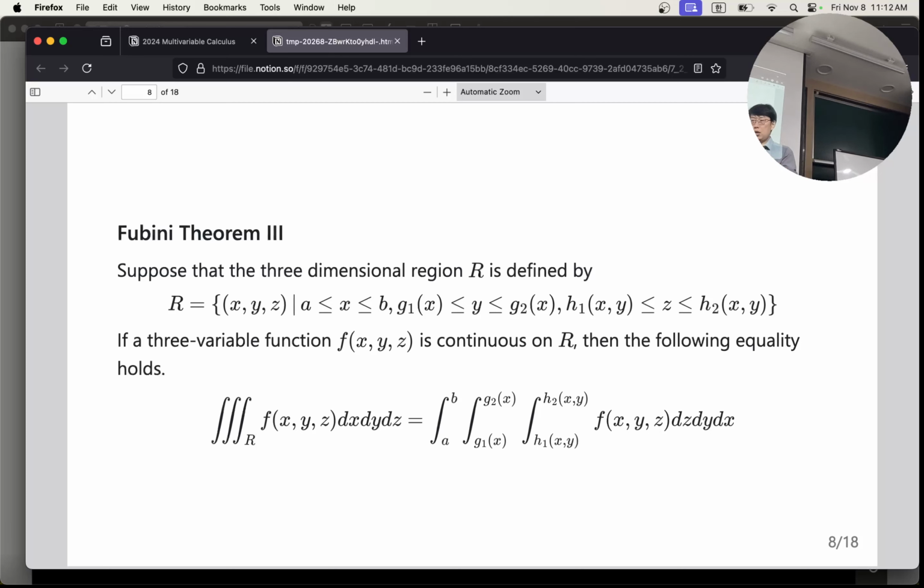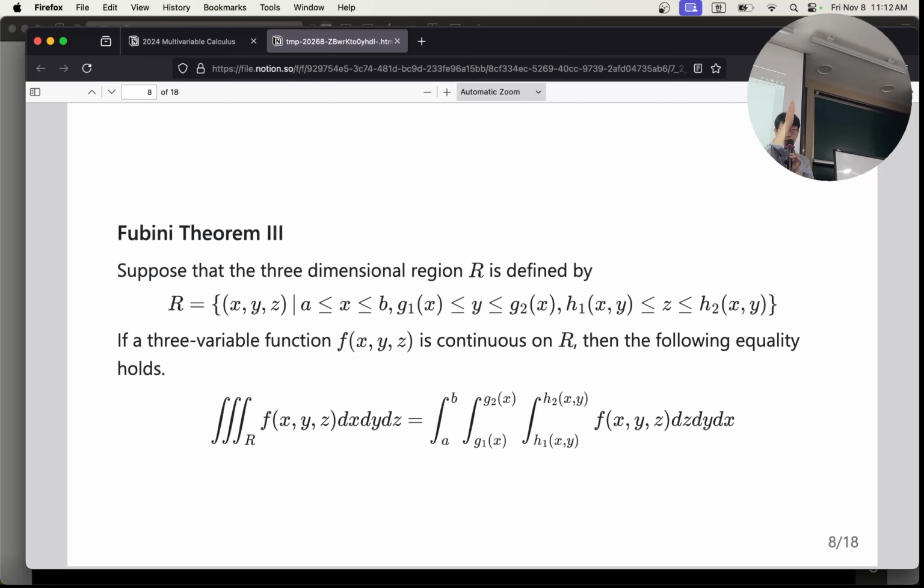All the points in my region have x coordinates ranging from a to b. And at each x, if I cut the section of that volume, y is only ranging from g1 of x to g2 of x.